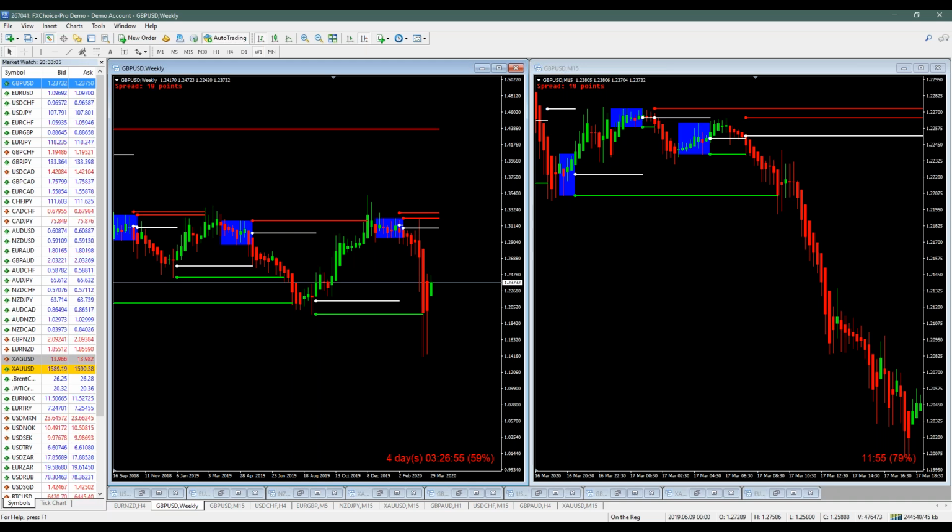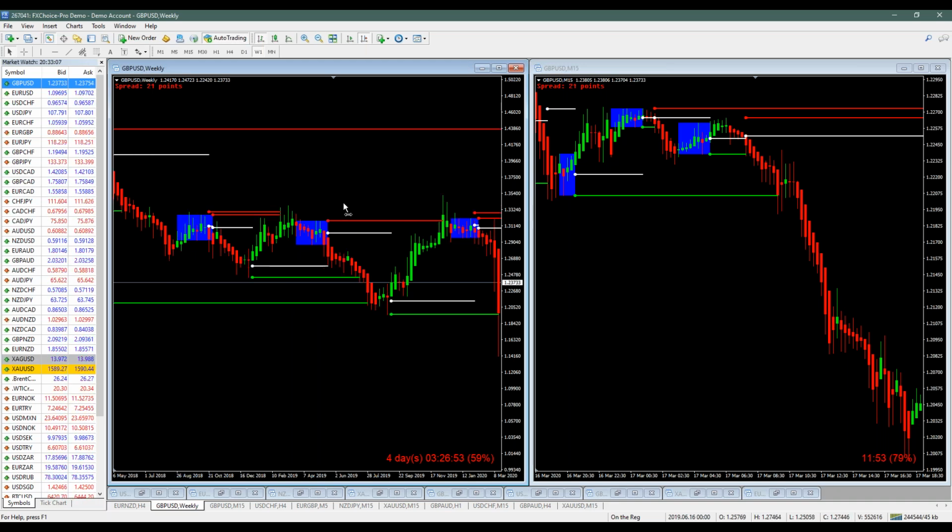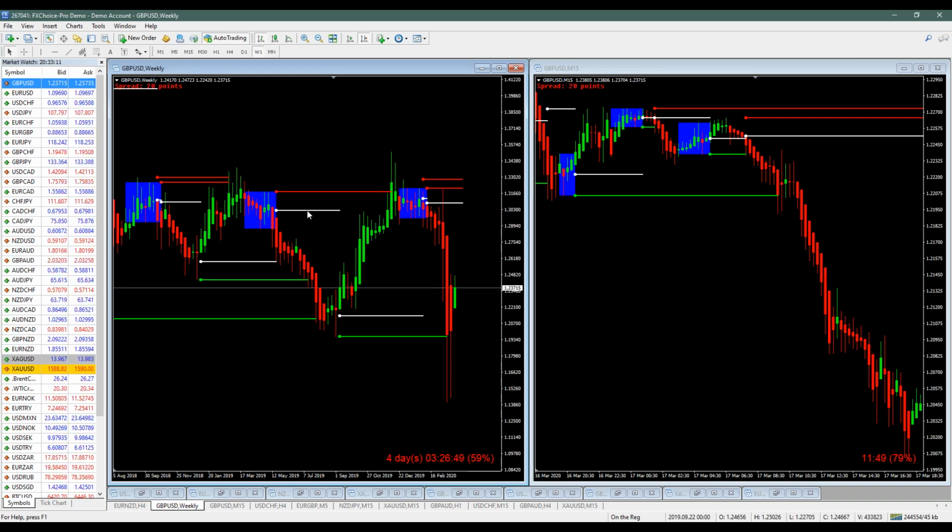Honestly, regardless of what you're looking at, if I covered up the weekly and told everyone this was a 5-minute, it's pretty much the exact same thing. You're not really looking at anything different, outside of managing your risk a little differently, in that you probably want to lower your lot size pretty significantly, because what looks like a very small movement can be 15 pips.